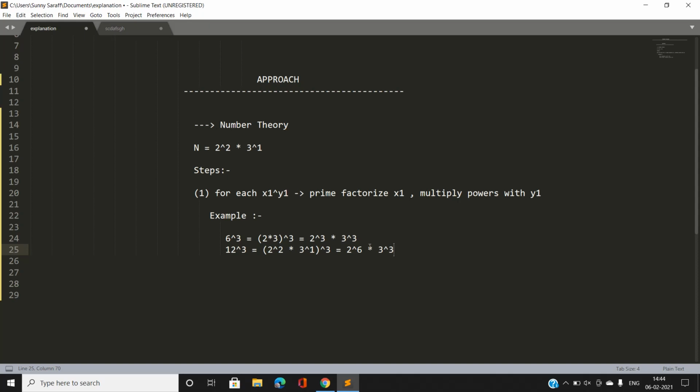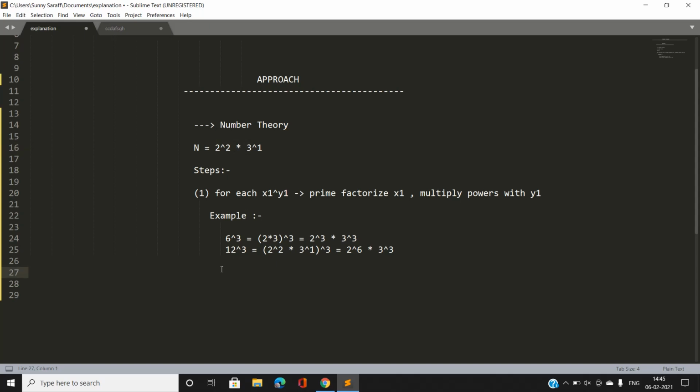So for each xi yi, I prime factorize the base and adjust it so that it represents the prime factorization of capital N. In this case, 2 power 2 and 3 power 1 are already in perfect state, so I am not going to do this further.